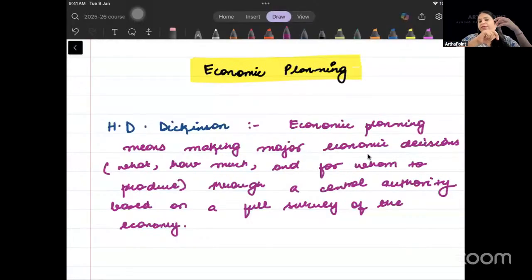What, how, and for whom, ये जो तीन main questions है, economic planning according to him tries to answer these questions. And how? Through some central authority. कोई एक central authority होगा जो ये तीन main economic questions का answer देगा. Right? So that is what can be called as economic planning. Is it clear, beta? ठीक है.